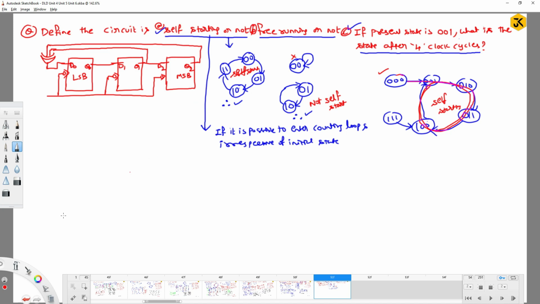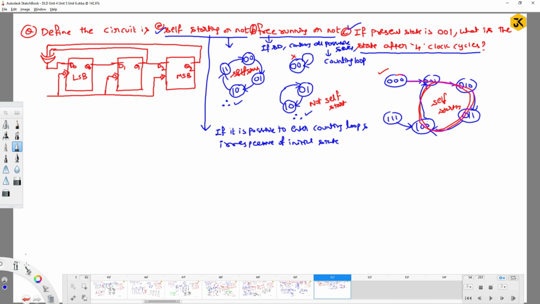What about the meaning of free running? Free running means that if the state diagram contains all possible states, and all of them participate in the counting loop, I can call it free running.